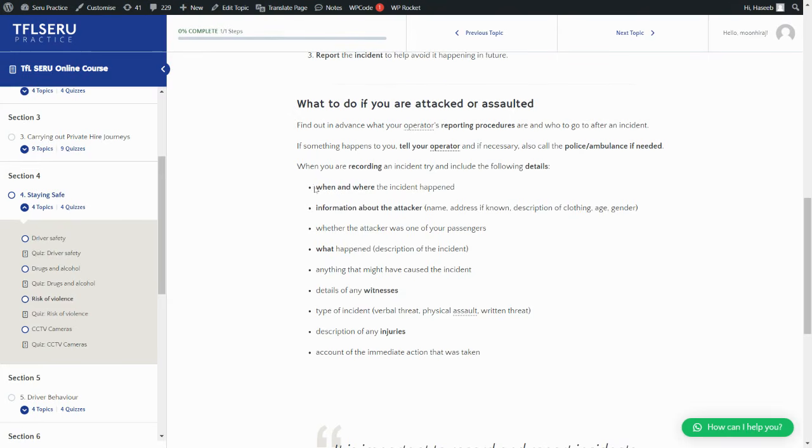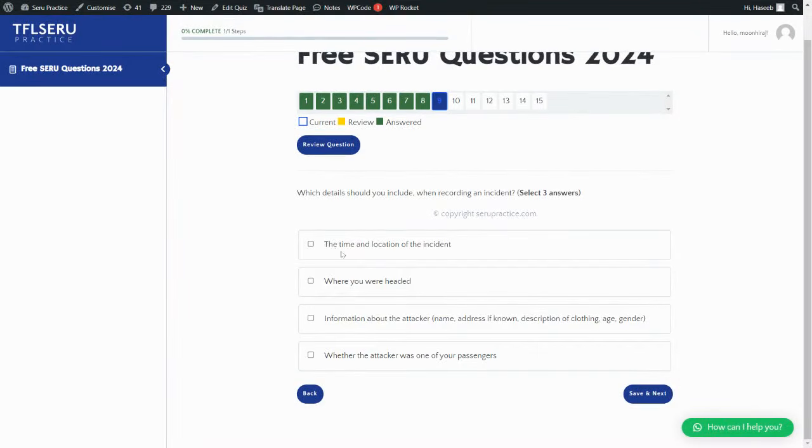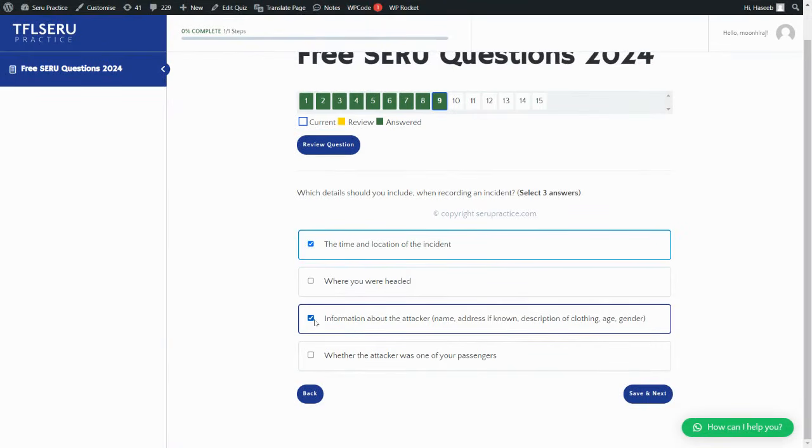Some of the things are when and where the incident happened, information about the attacker, and whether the attacker was one of your passengers. So the correct options here are the time and location of the incident, information about the attacker, name, address if known, description of clothing, age, gender, and whether the attacker was one of your passengers.